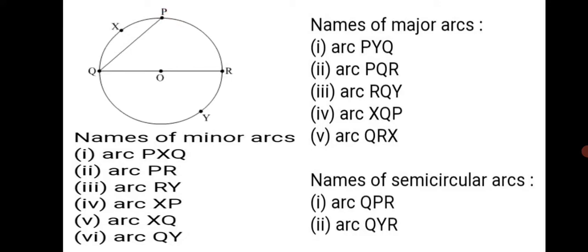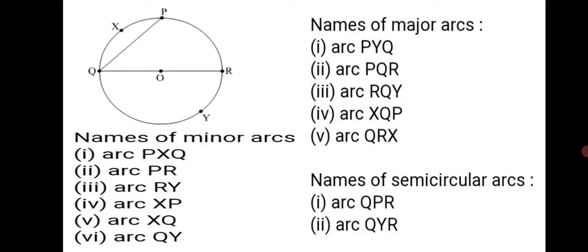So you will see that we denote a major arc with three letters. And one more we have arc Q, we start with Q, R, and we come up to here, QRX. So this way we have named the major arcs of this circle.